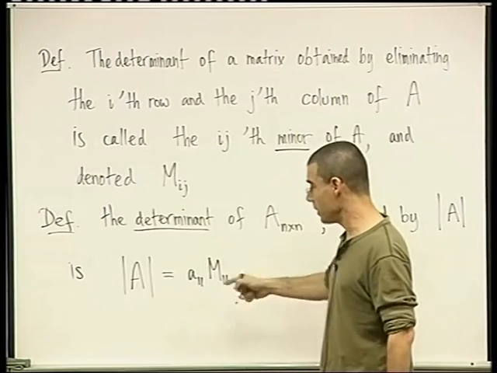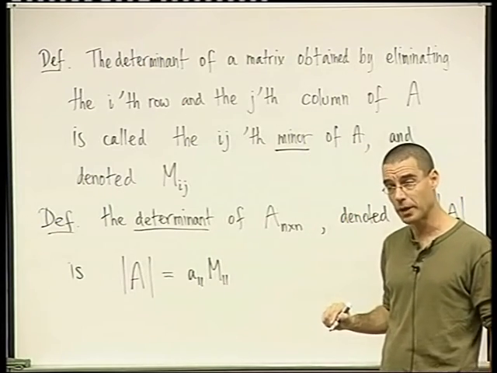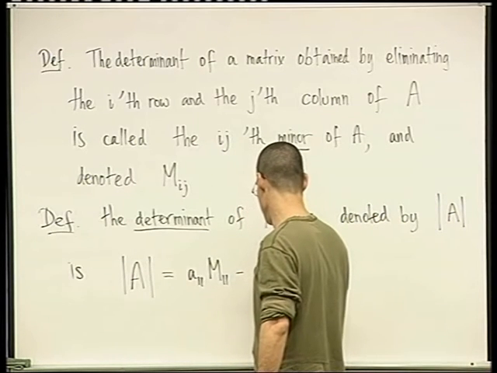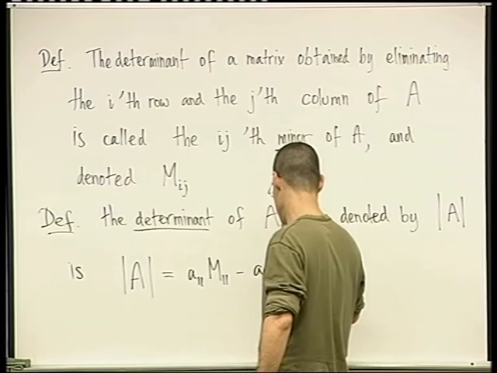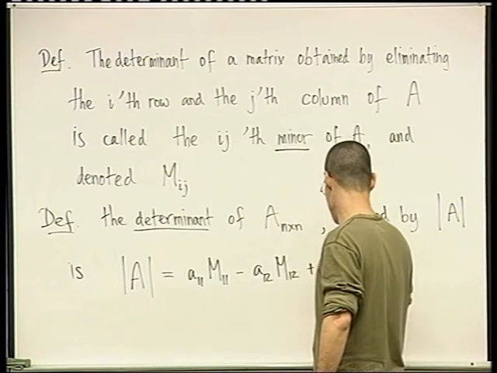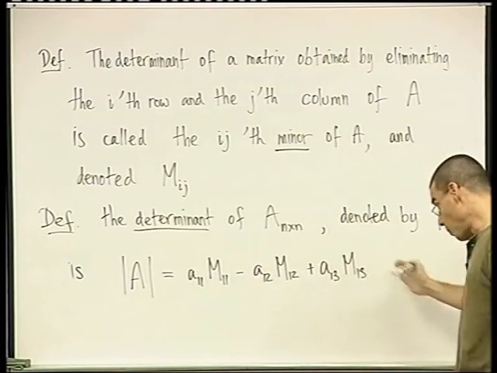And M11 is going to be the determinant of a matrix of size n minus 1 times n minus 1, right? Minus A12, M12. Plus A13, M13. And so on.